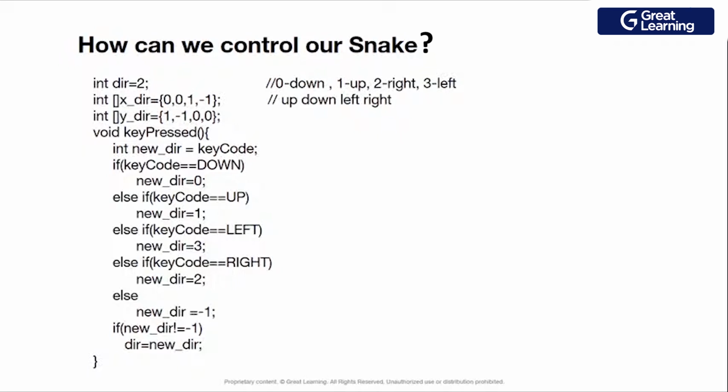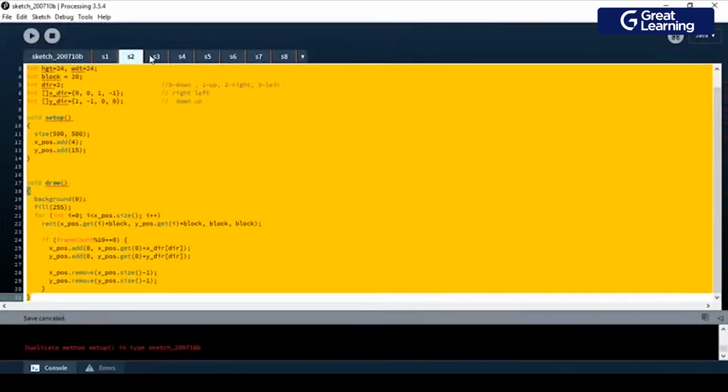Earlier what we were using for the direction was dir. Now we will store the key that is pressed into the new direction, and once we are done, we will just replace this value. So the new value of direction will be changed, okay? Now let's go back and try to implement this.